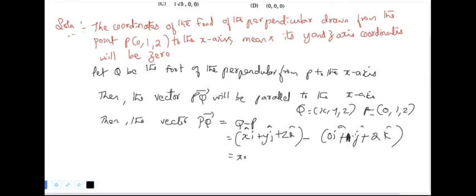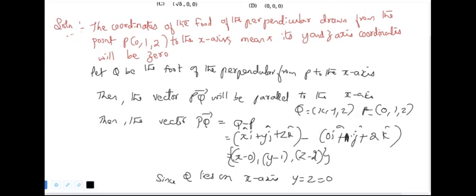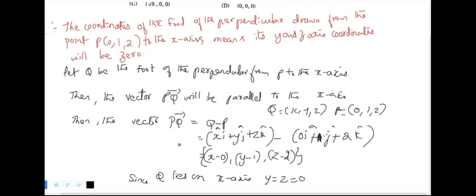So we get (x minus 0, y minus 1, z minus 2). Now, since Q lies on the x-axis, y equals 0 and z equals 0. Therefore the PQ vector is equal to (x, minus 1, minus 2).